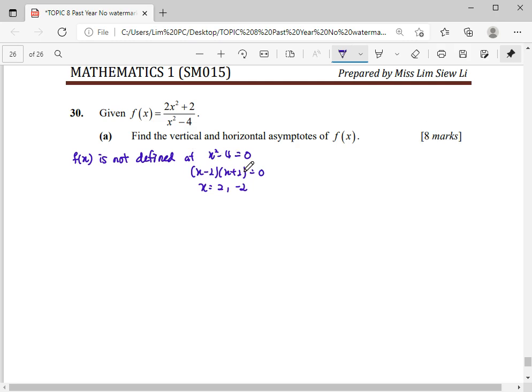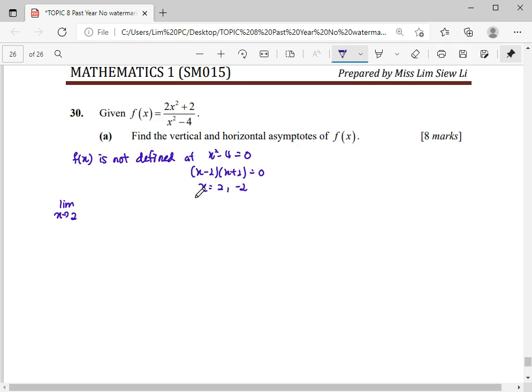We just proved it by using the idea from topic 5 on functions, but we have to prove it using the idea of limit. So when we want to use limits, we will let x approach 2, because we have two x values here which will make our function not defined.